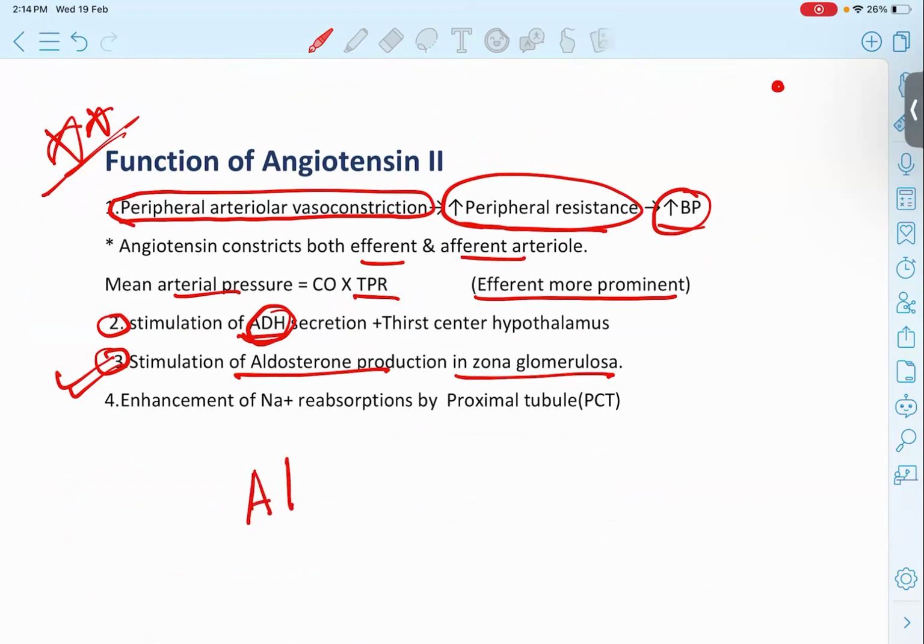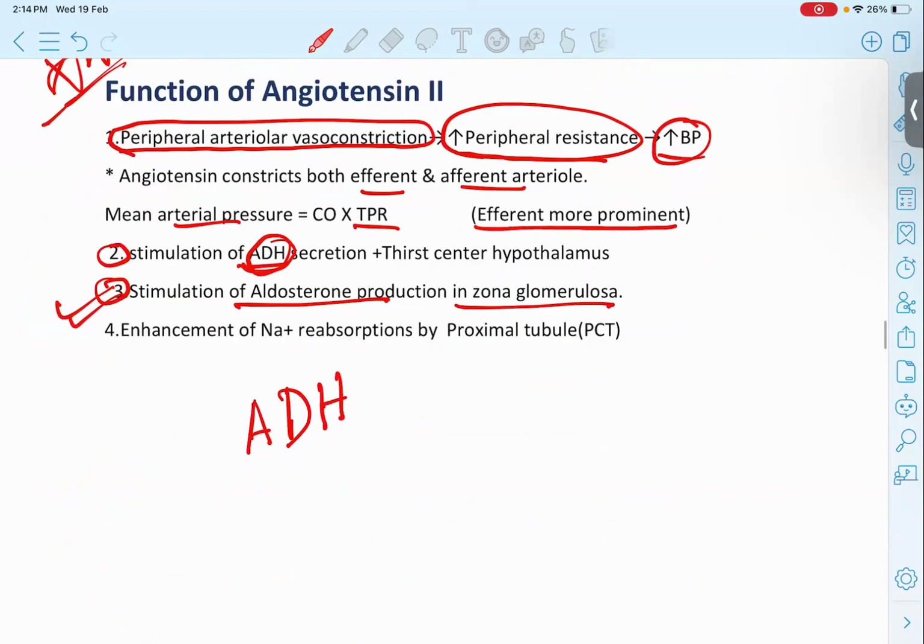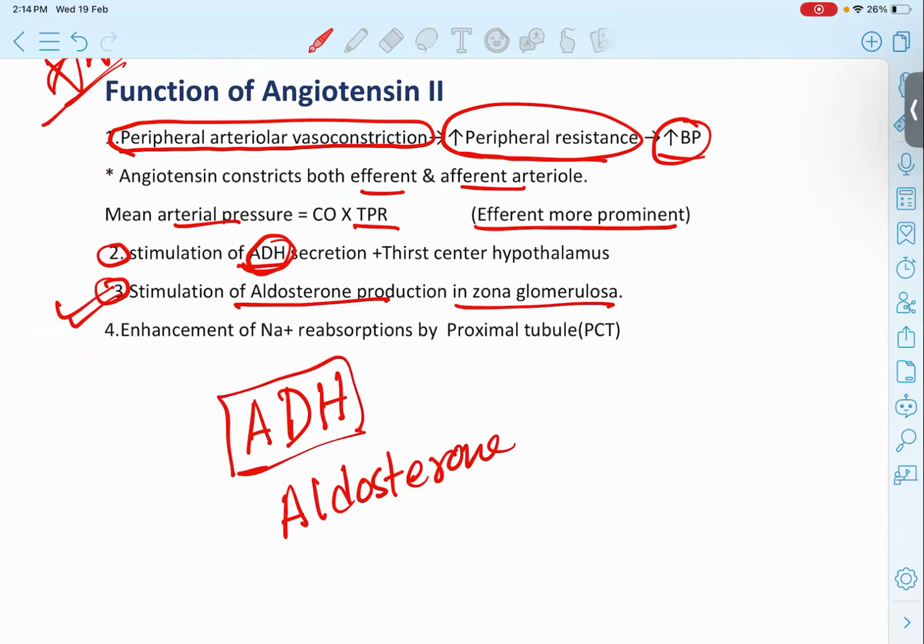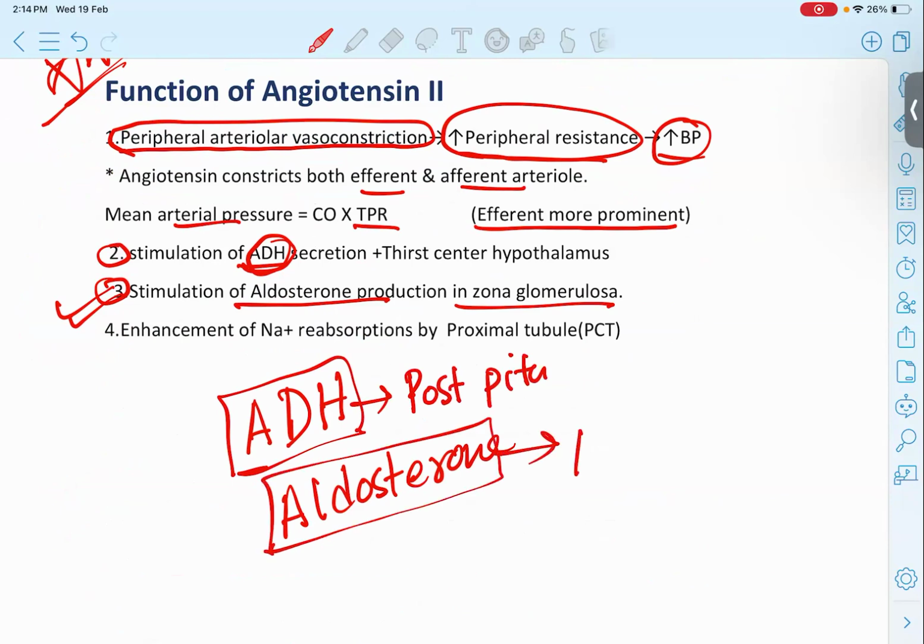Don't get confused between ADH and aldosterone. ADH is antidiuretic hormone that comes from the posterior pituitary. Aldosterone is an adrenal hormone that comes from the adrenal cortex, zona glomerulosa. So angiotensin 2 stimulates both of them.